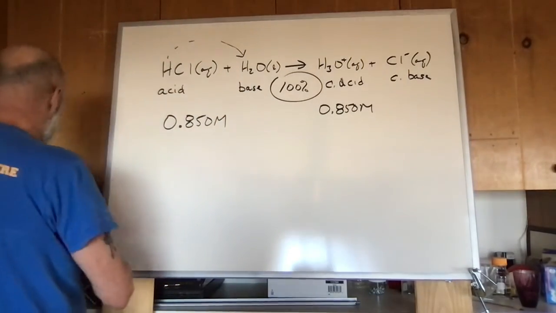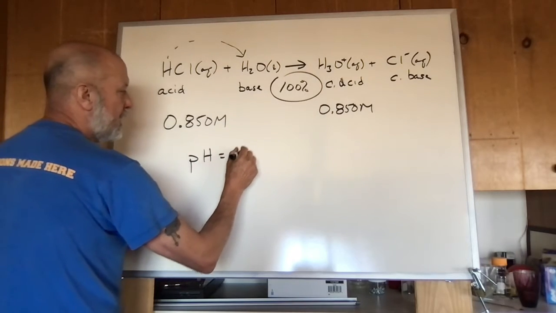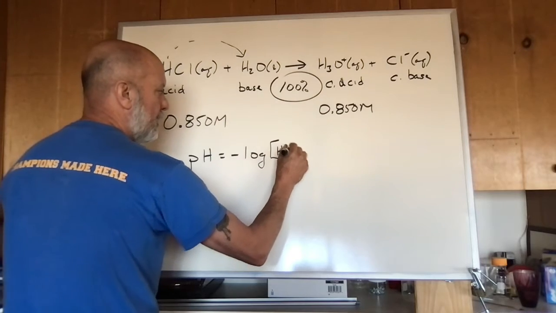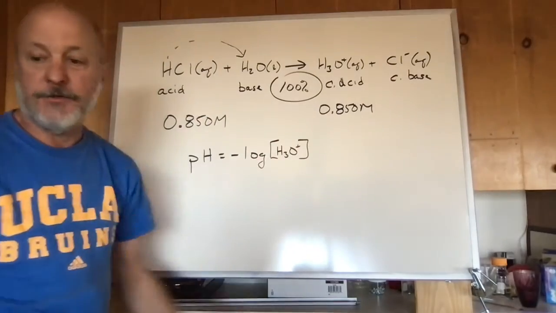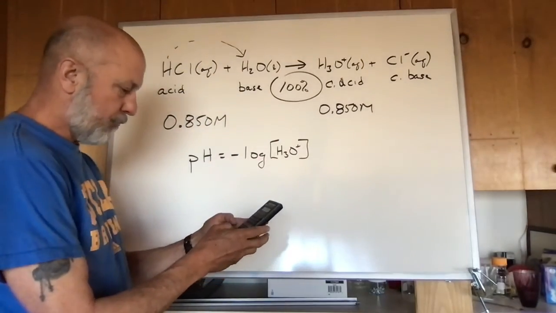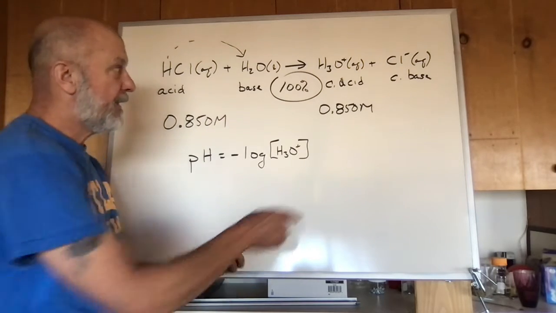What is the pH? By definition, pH is equal to the negative log of the hydronium ion concentration. We've got the hydronium ion concentration, so all we have to do is find our calculator, enter 0.85, hit the log button, and then change the sign.